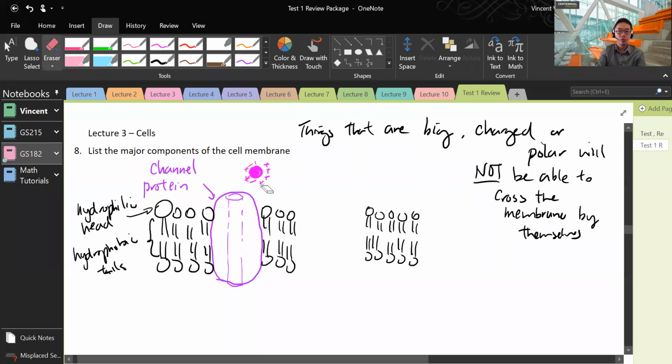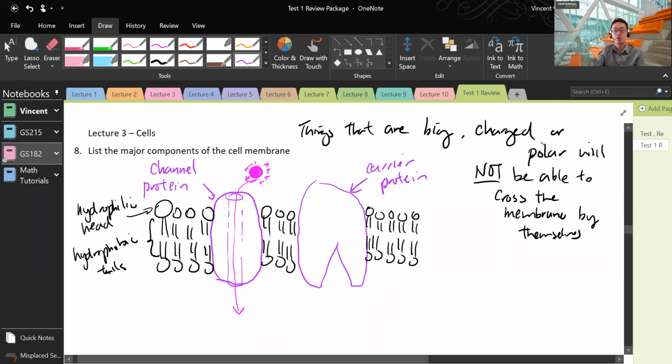It won't be able to go through the membrane, so it's going to go through this channel. Okay, the channel is going to create a nice hydrophilic tunnel in the middle that allows a charged particle to go through. That's not the only one, right? You can also have the Pac-Man, right? Okay. The Pac-Man is a carrier protein. Okay, more on that later, but both of these are integral proteins, right?